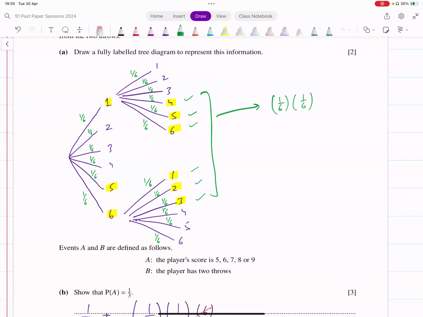When do you have both of these things happening? It's all of these cases. These 3 cases and these 3 cases, these are the cases when both of those things are happening together. You have 2 throws, and the score is between 5 and 9. Can you find this intersection probability? So we're talking about these cases.